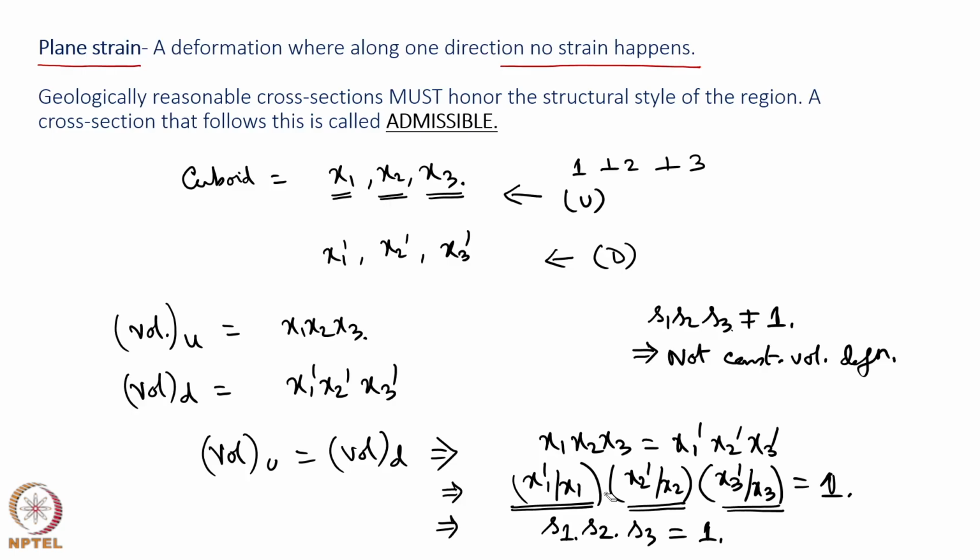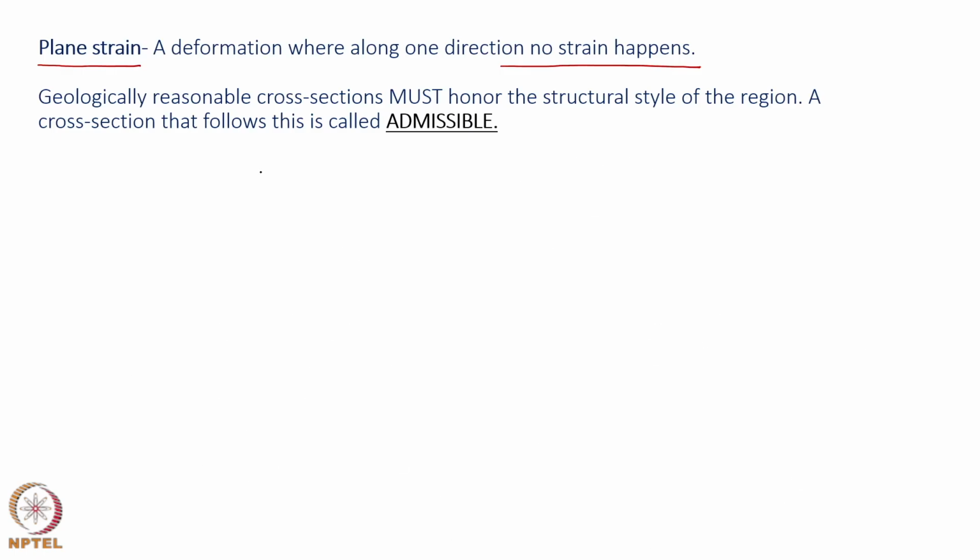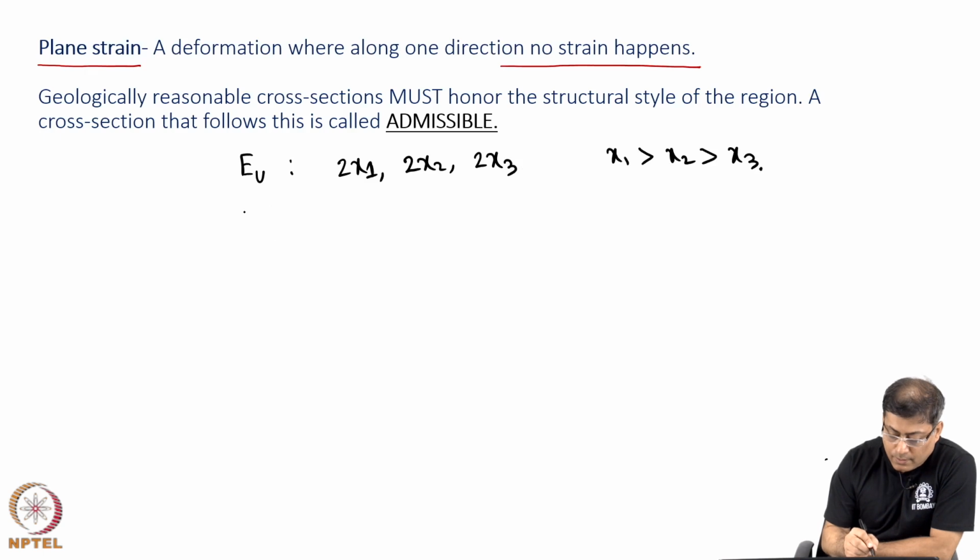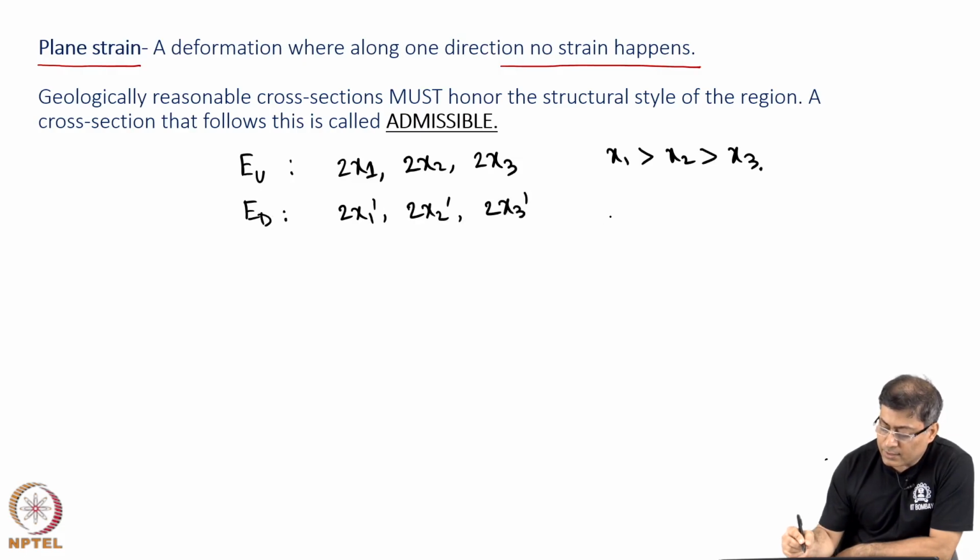A similar deduction can also be made when one ellipsoid deforms to another ellipsoid. Consider ellipsoid E undeformed with the maximum principal axis 2x1, intermediate principal axis 2x2 and the least principal axis 2x3, and after deformation these amounts have changed to 2x1 dash, 2x2 dash and 2x3 dash.